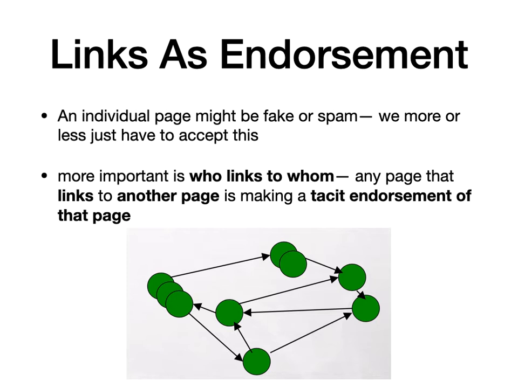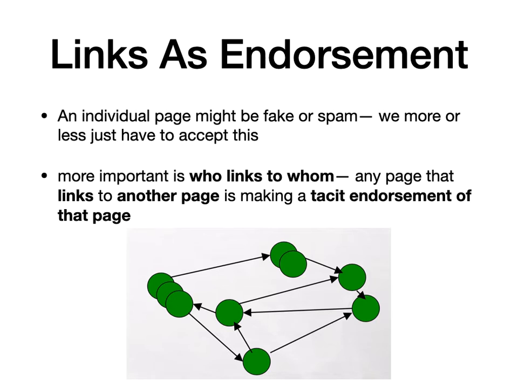The key thing here is, where does this live in our network, right? More important than the fact that a crummy page exists, and trying to avoid an individual page, is that these pages live inside the network somewhere and they link to each other and to other pages, perhaps good pages, bad pages, all this kind of stuff.